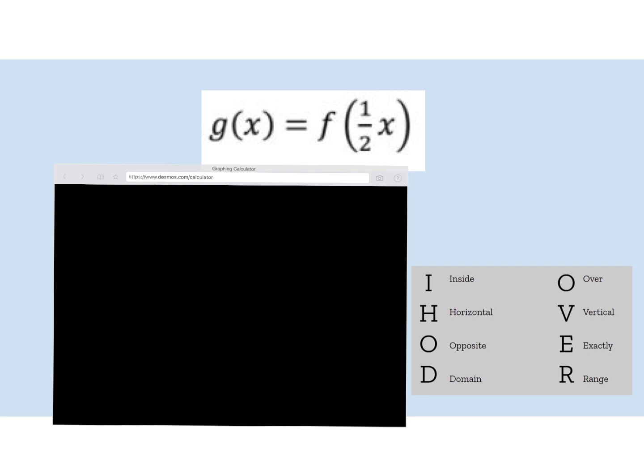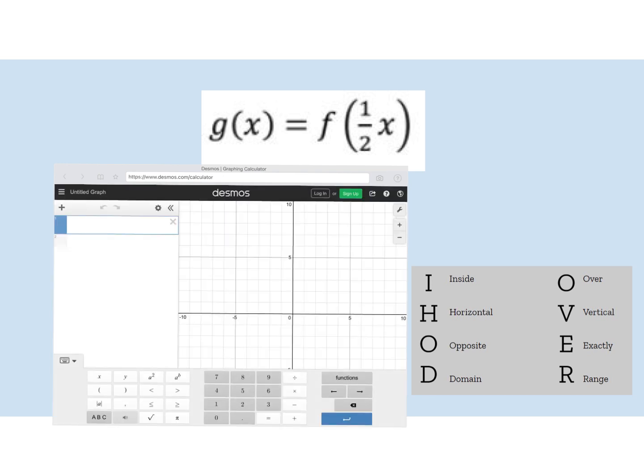So for this one, what I'm actually going to do is I'm going to guess what it would be. So it's inside the parentheses. Because it's inside here, we know that we are looking for a horizontal change. So again, from left to right. It's opposite of what you think. So inside, because it's a smaller number, so 1/2 is less than 1, it's going to get wider, which we know. But because it's horizontal, in order to make it wider, you're holding it from left to right.